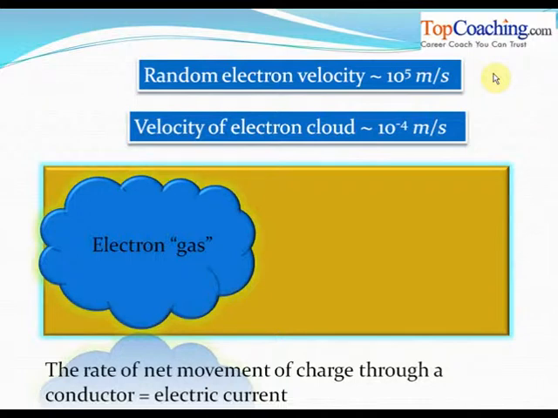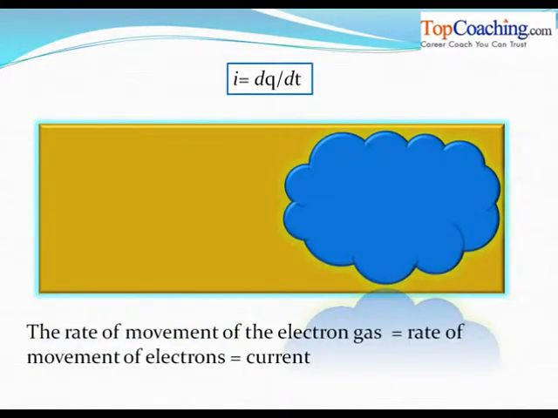So as you can see, the random velocity is much more than the velocity of the electron cloud, which results in the flow of electric current. Interesting again, isn't it? But I just told you so that you could keep things in perspective and see what is happening. So did you understand what electric current is?